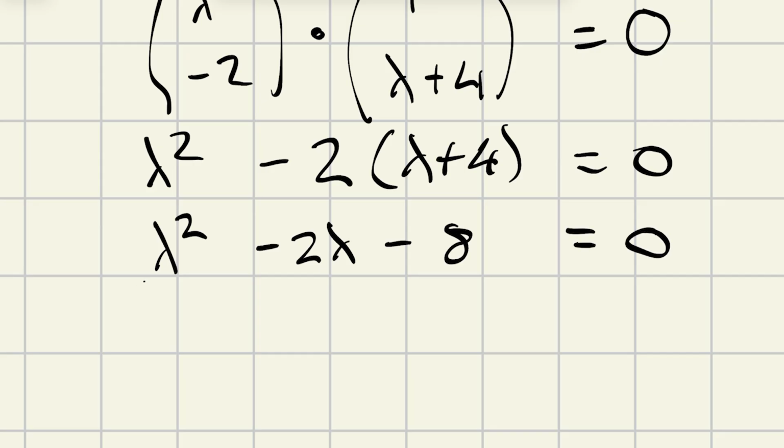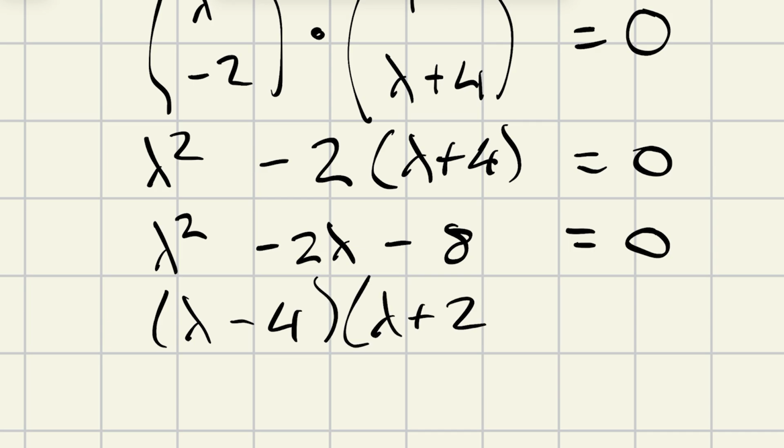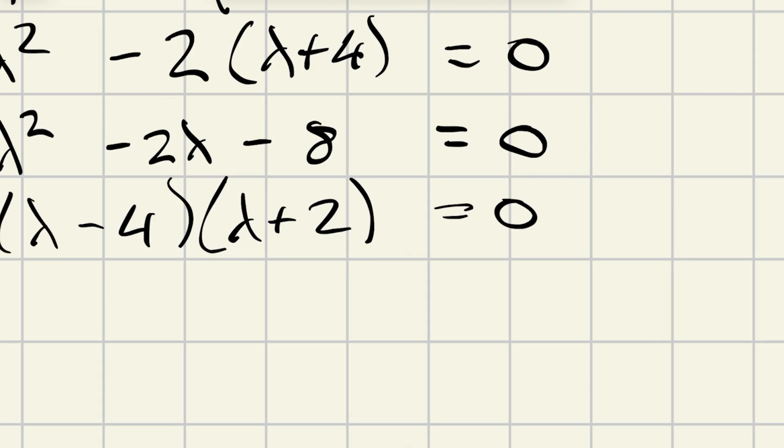Now, once you look at this, it should immediately pop in your mind that this is a quadratic. Imagine the lambda was x, it'd just be a simple quadratic, and we have to find lambda for when it equals 0. So let's factorize and solve it. We have (lambda minus 4)(lambda plus 2) equals 0. And that means lambda has to equal 4 or minus 2.